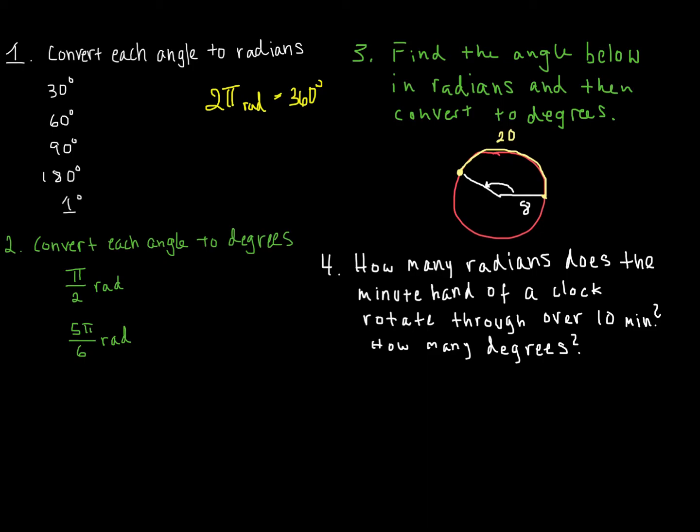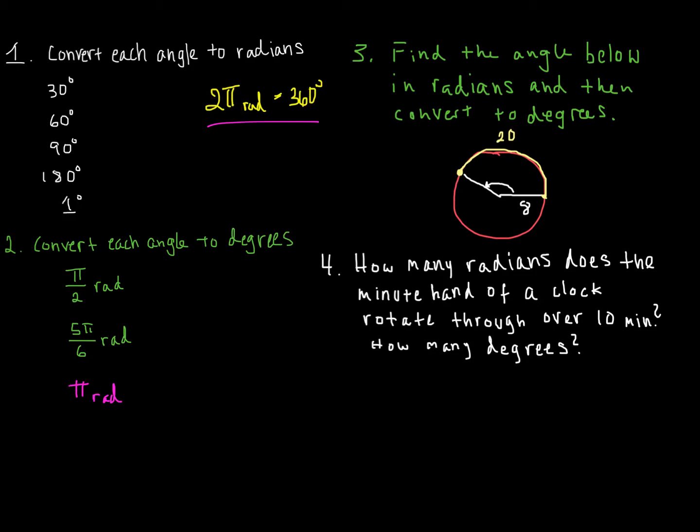All right. So hopefully these all went well. Nothing too crazy here. It should have been straightforward once you got the hang of it. To convert an angle to degrees, if I have it in radians, so imagine here that I wanted to find the angle pi radians in degrees. Well, I know that 2 pi radians is 360 degrees. So if I want just pi radians, I need to divide both sides by 2.